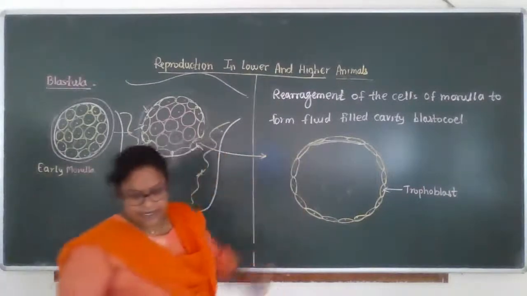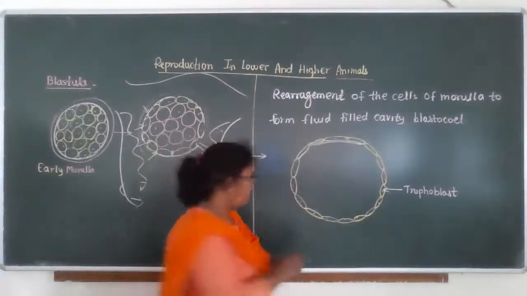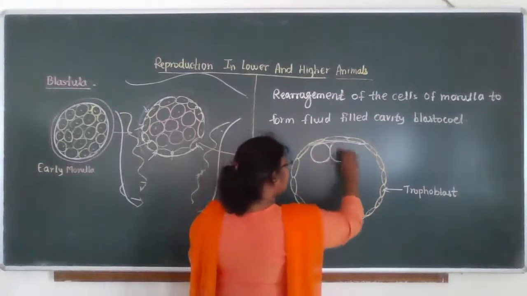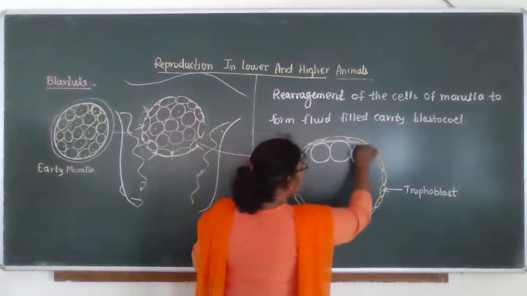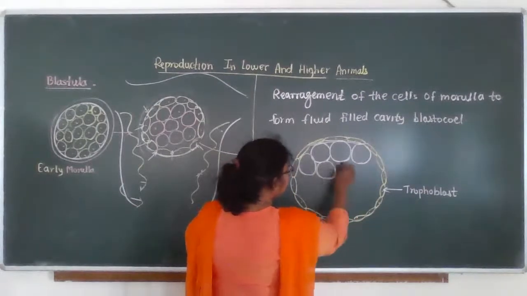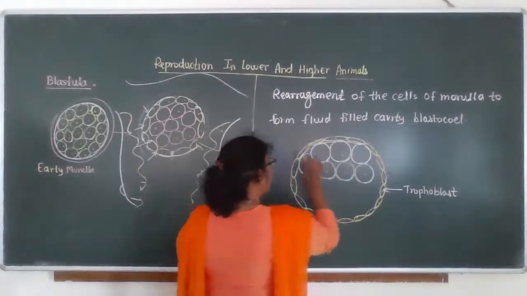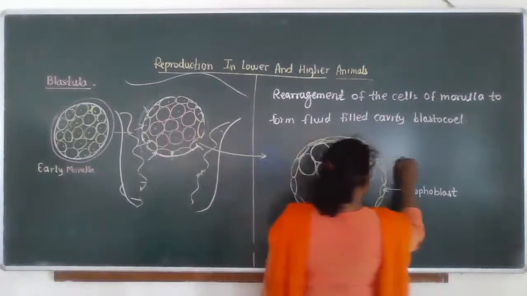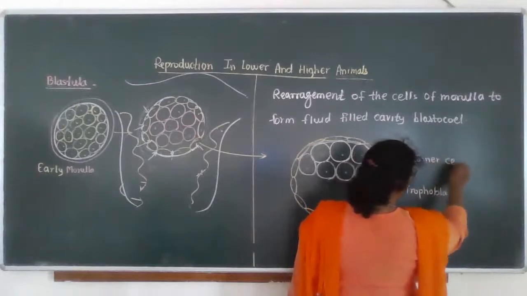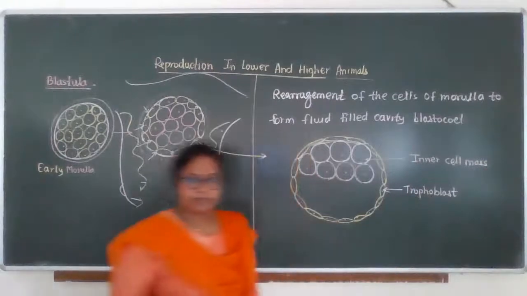These big size cells move towards the upper side, and these cells are now called the inner cell mass.